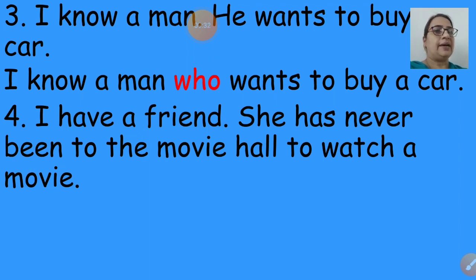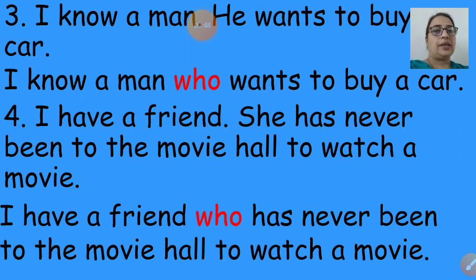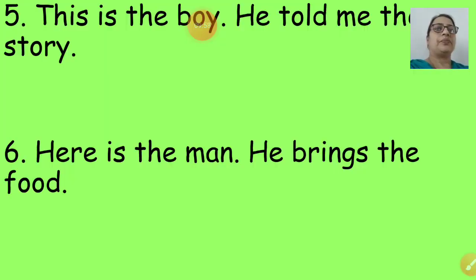First sentence is, I have a friend. And the second sentence is, she has never been to the movie hall to watch a movie. And after joining the sentence with the word who, what answer will we get? Let's see. I have a friend who has never been to the movie hall to watch a movie.